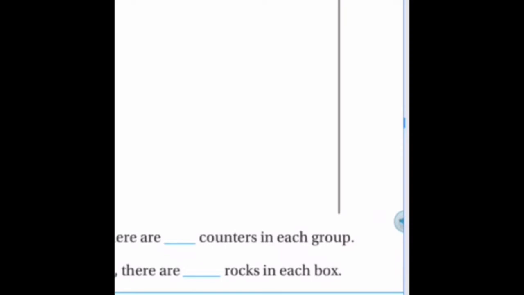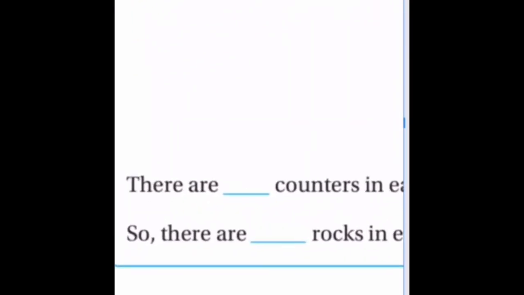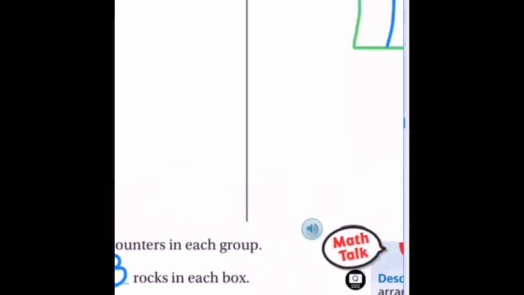So down here at the bottom, there are blank counters in each group. Come look at each group. We have 3 in each group. So 3 counters in each group. That means there are 3 rocks in each box. Let's do these 3 questions here. Question 1, how many counters did we draw? We have to go count them all up, or I actually wrote it down here. Kind of helped us out.